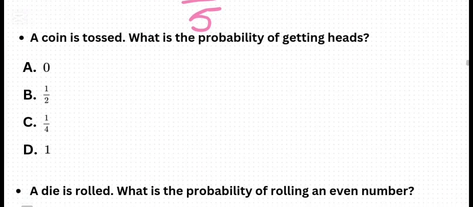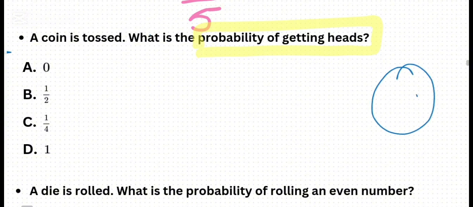A coin is tossed. What is the probability of getting heads, right? A coin has two sides. One is heads, the other is tails, right? So for the probability, firstly we have to find the total.